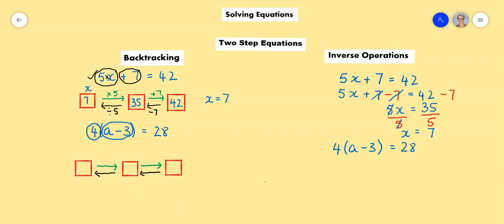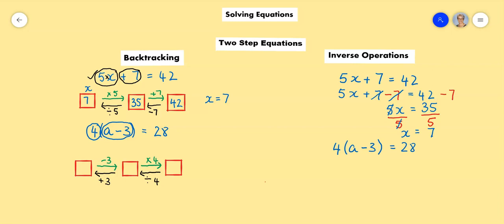So on our flow chart we're going to have minus 3 and then we're going to have times by 4. Okay, that means when we backtrack we're going to do the opposite of multiply by 4, which is divide by 4, and then the opposite of minus 3, which is plus 3.